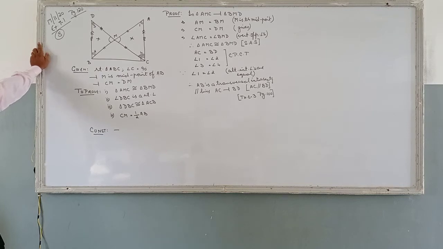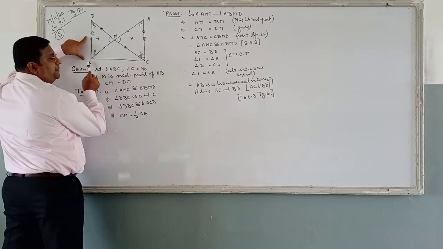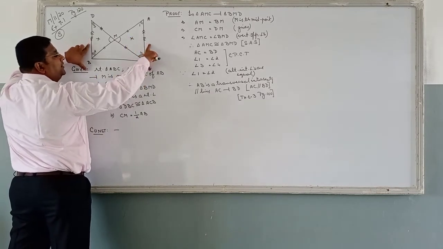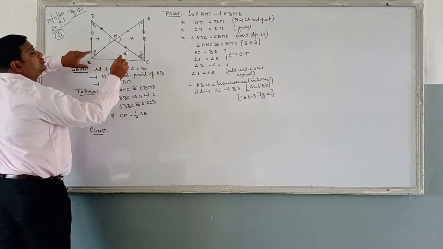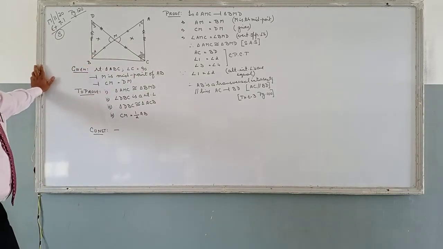Now, once these two lines are parallel, you can see another transversal BC. Is this parallel line also intersected by this transversal BC? So, again we come down to theorem number 6.5 of your textbook. Page number 100, I said it is very, very important.